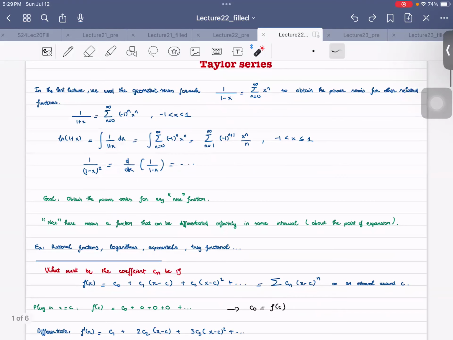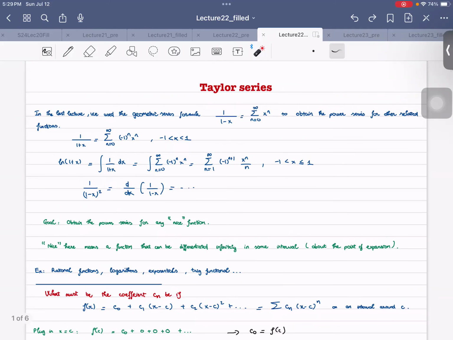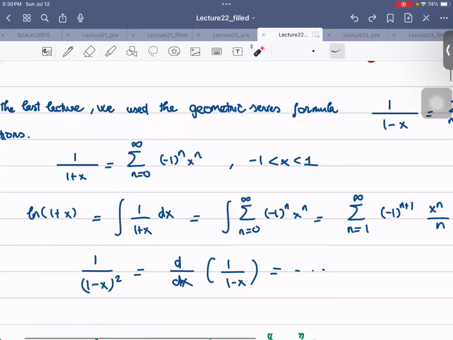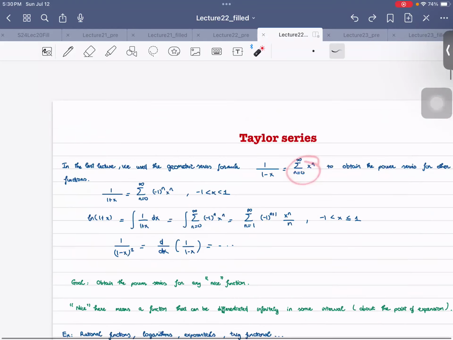Okay, and one of the ways that we have done this is we use the idea that we can describe a rational function by the geometric series. If you have something a little bit different, like 1 plus x, you can rewrite it as 1 minus (-x) and then put in the power series.